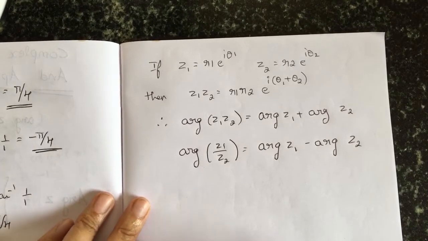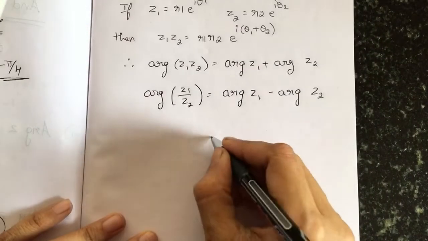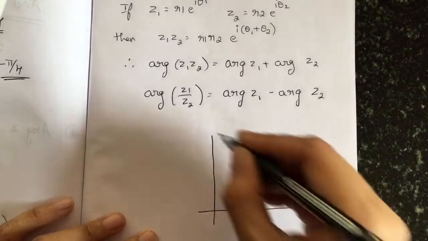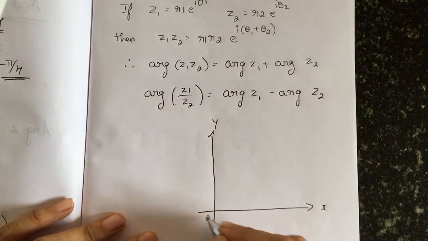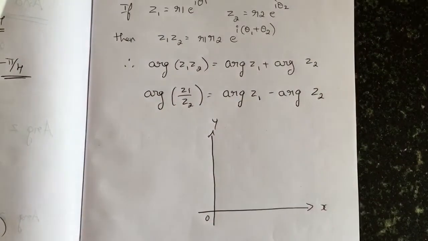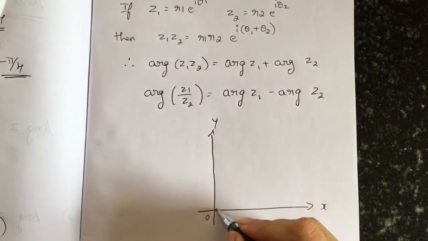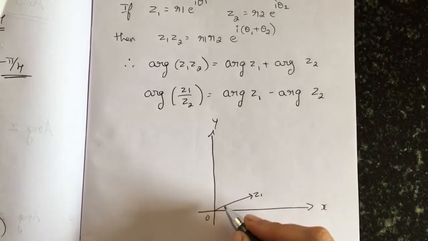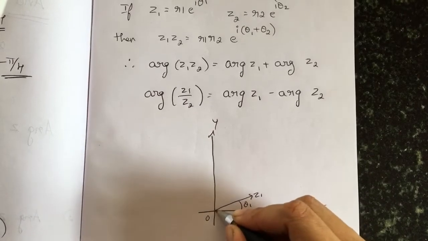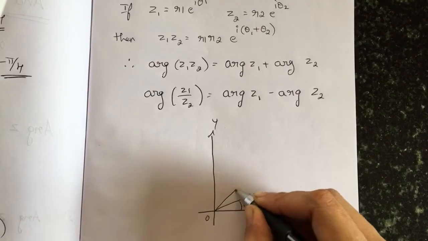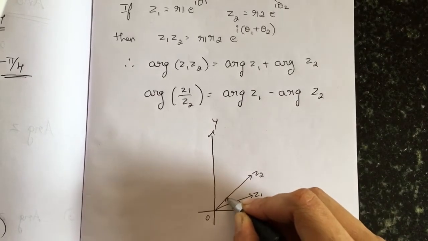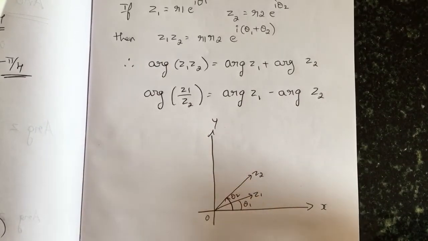See, suppose z1 is here, which makes an angle theta 1, and z2 is somewhere here, which makes an angle theta 2.